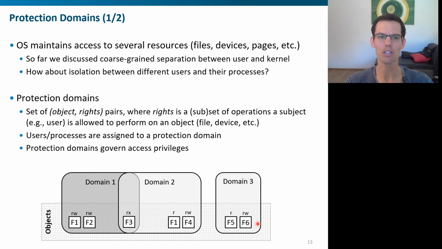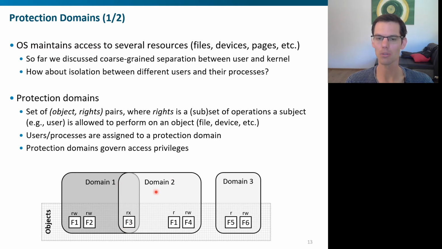And then you create so-called protection domains which govern per subject or per collection of subjects what they can actually access. So in domain 1, you have a couple of users who can read and write to file 1, read and write to file 2, and read and execute file 3. And the very same file, F3, can also be read and executed for a different group, namely domain 2.